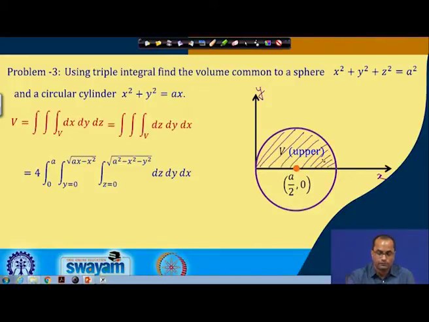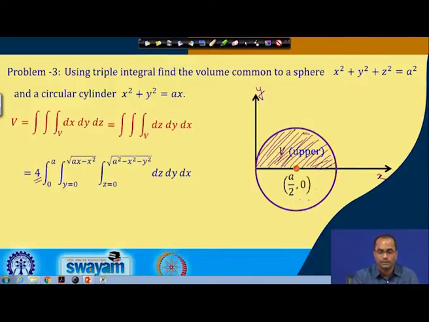So, we will make the double to get the lower portion as well, and then since we have the sphere, again there are two portions, one the upper one and the lower one. So, overall if we just consider this upper half here, then we have to multiply by 4 to get the whole volume, because this will give us the half volume, because we are integrating in the half and that too upper half. So, it will be 1/4 of the total volume. So, we have to multiply by 4 here.